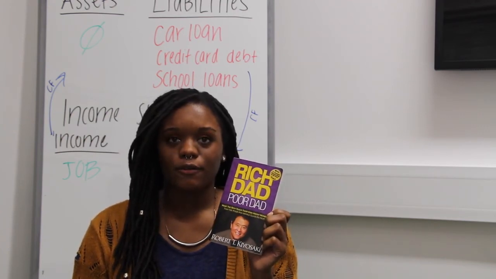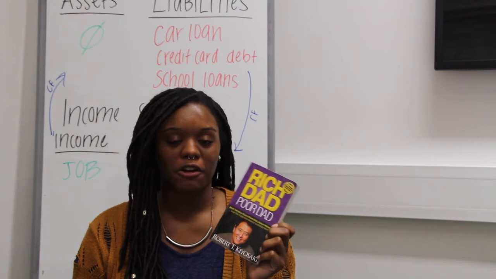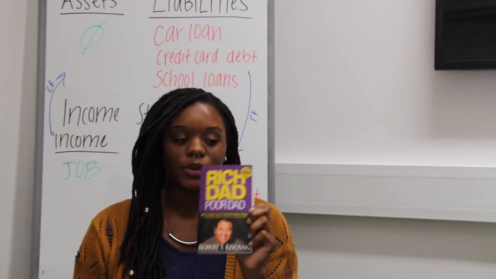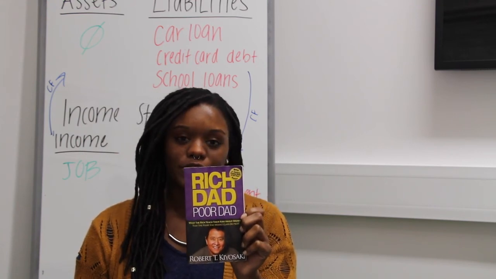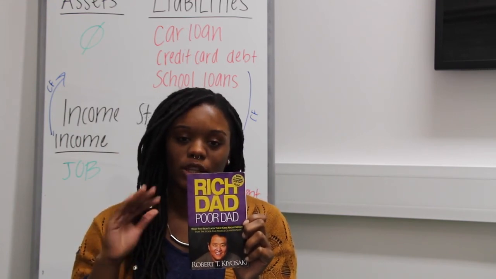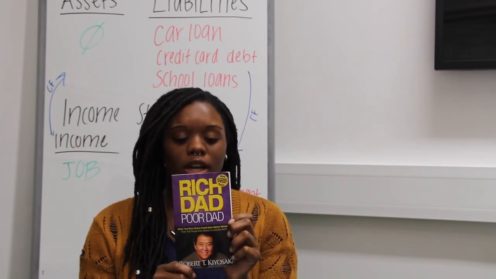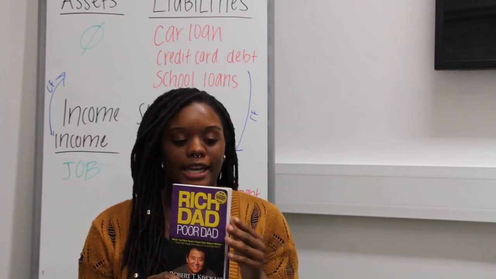I read the first couple chapters on a bus ride to London, so you'll probably finish it in no time at all, reading it in between classes or whatever. It's a really good read because he puts into an easy to understand perspective the differences between the rich class, the middle class, and the poor class. He puts it in a way that's easy for all of us to relate to and understand.